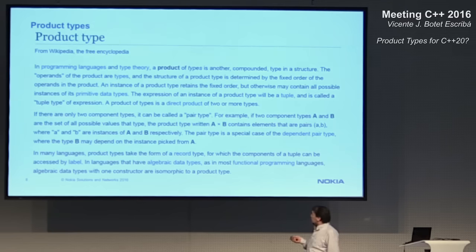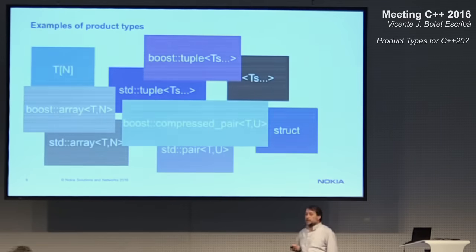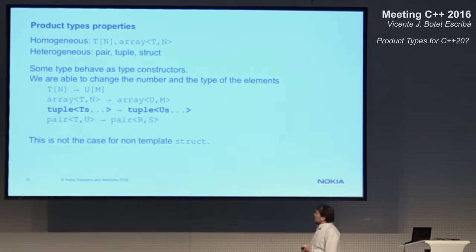We know that we have a lot of product types in the standard, in Boost, and what is more important is that structs are also product types. We want to consider all these types as having the same interface. Some of these types have all elements of the same type, others are heterogeneous.